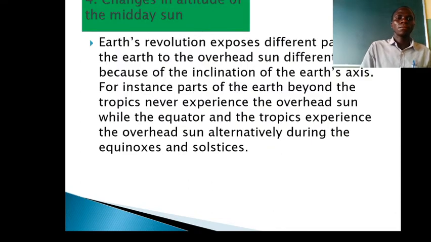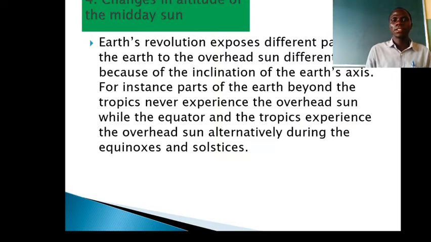The fourth and last effect of Earth's revolution is changes in altitude of the midday sun. Earth's revolution exposes different parts of the Earth to the overhead sun differently because of the inclination of the Earth's axis.